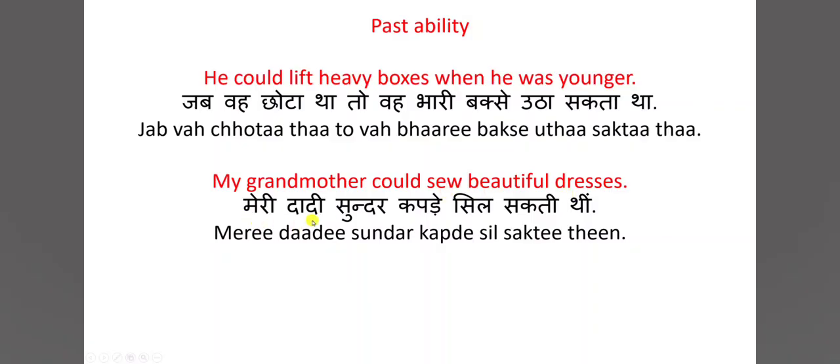Okay, मेरी दादी सुंदर कपड़े सिल सकती थी. मेरी is my, दादी is grandmother, sundar is beautiful, kapde is dresses, sil is sew, sakti thi is could. मेरी दादी is feminine, singular, but here we have used thi because we want to pay respect to my grandmother or to the subject.